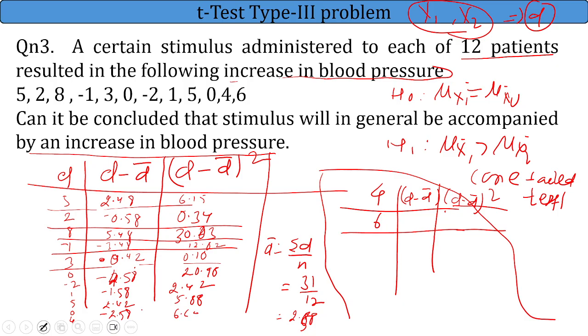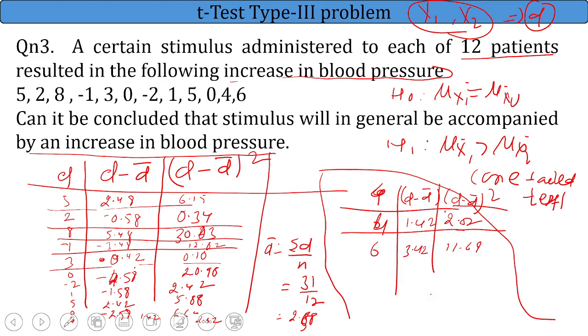Then the last ones, 1.42, it became 2.02, and for the 4, 1.42, 2.02, for 6, 3.42, 11.69.